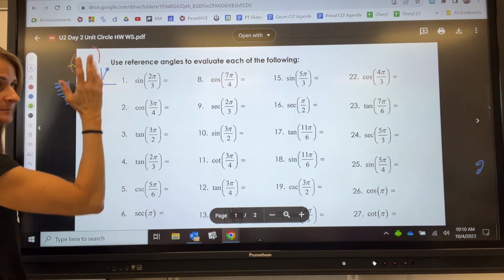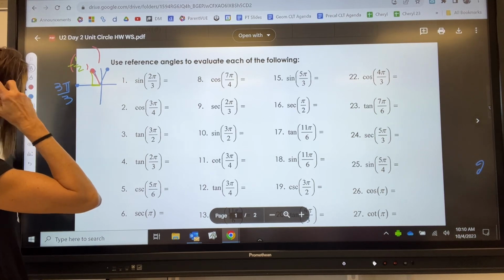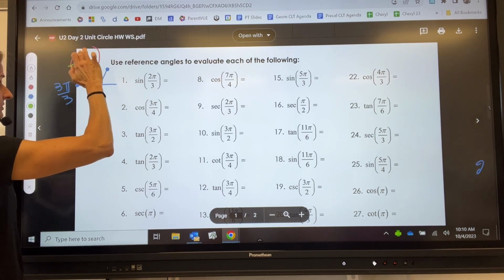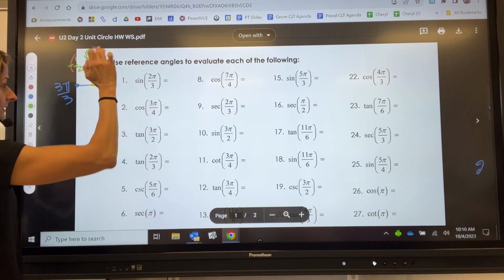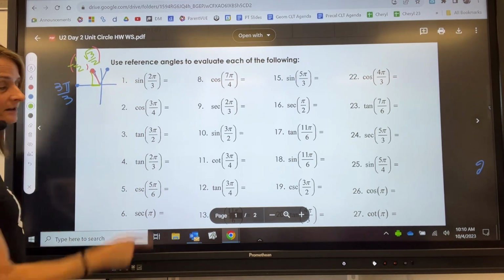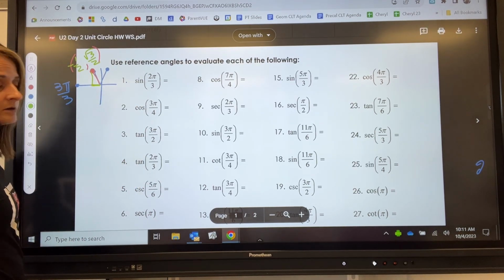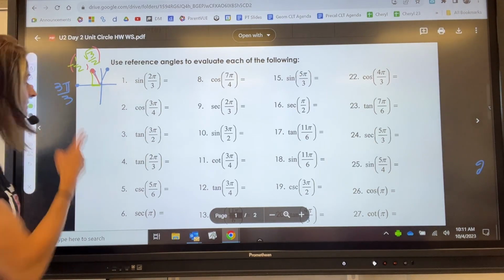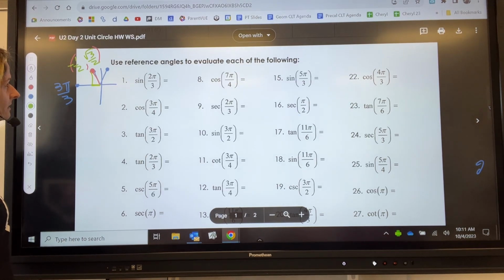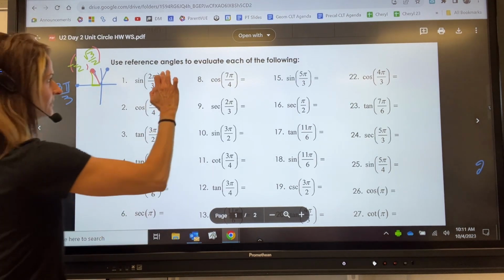We don't have to go through all this, but it's just good to do. Positive y distance, root 3 over 2. This is asking for the sine. So what is the sine of this angle going to be? That's y. What's the y value here? Root 3 over 2. Done.